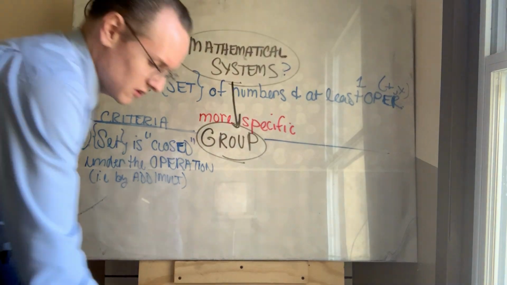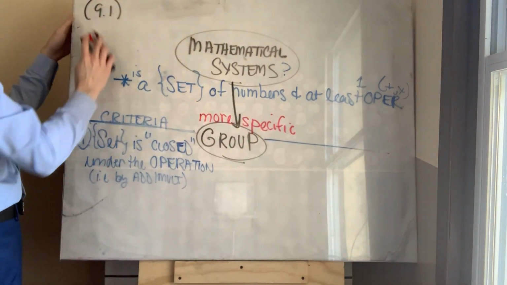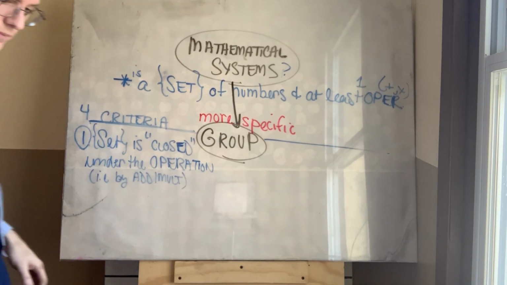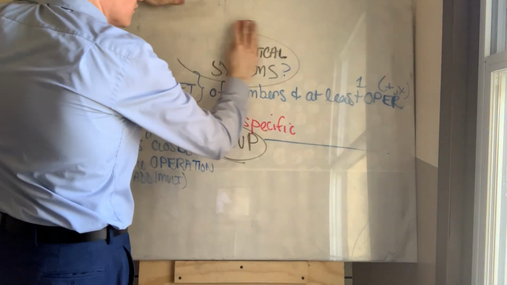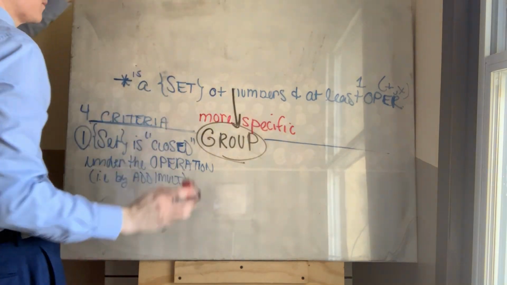Okay. In order to explain this, I'm going to give you an example. I need a little bit of space, so I'm going to give an example up here. And I'll just erase mathematical system, as you know what we're dealing with, a specific type.